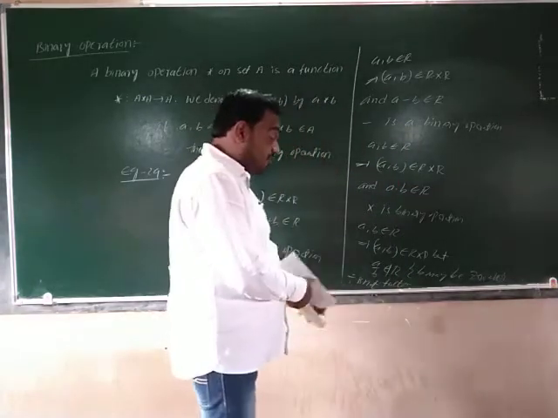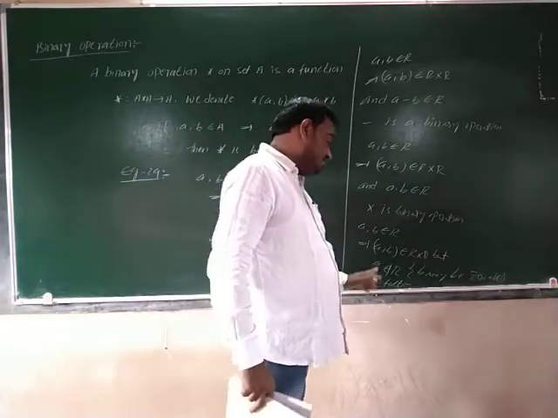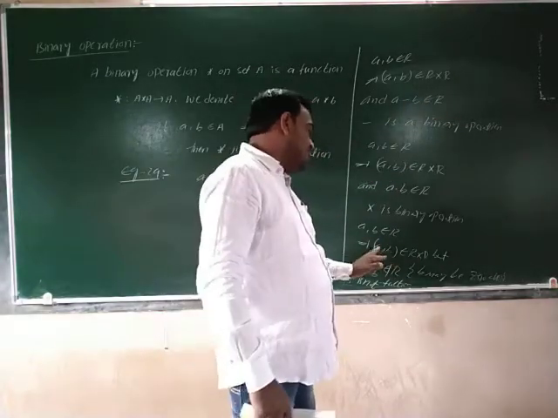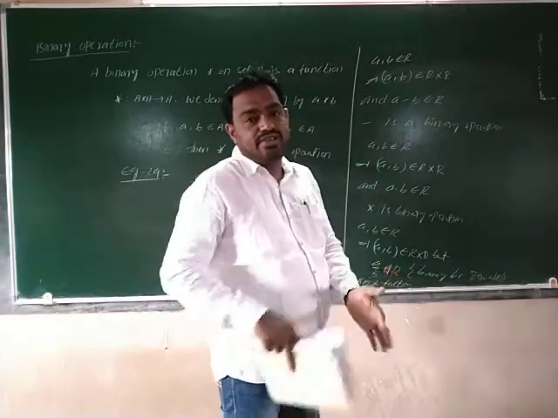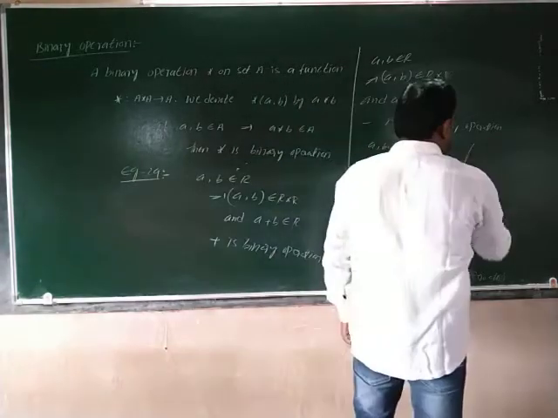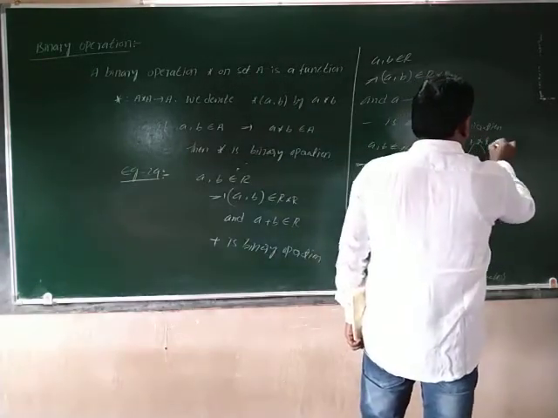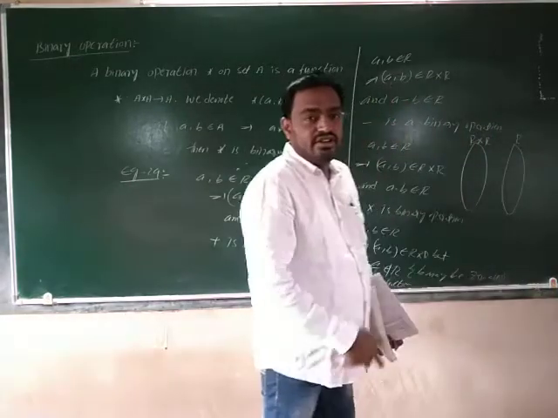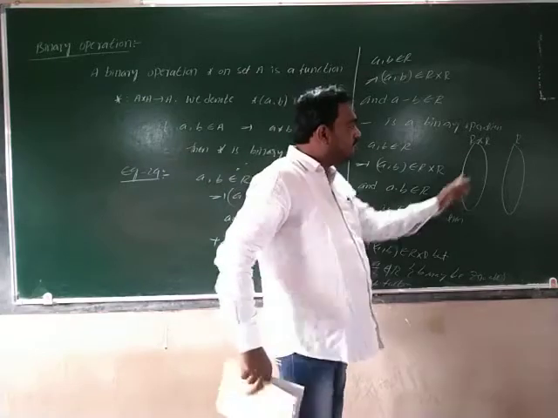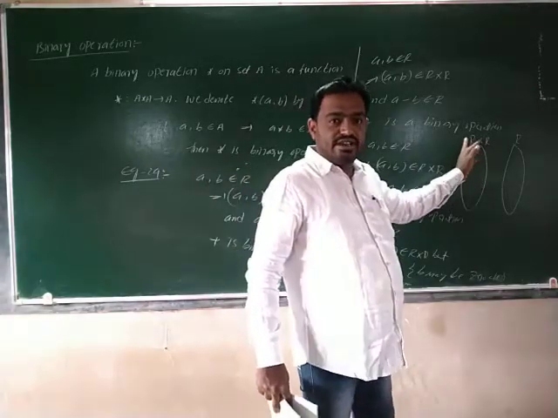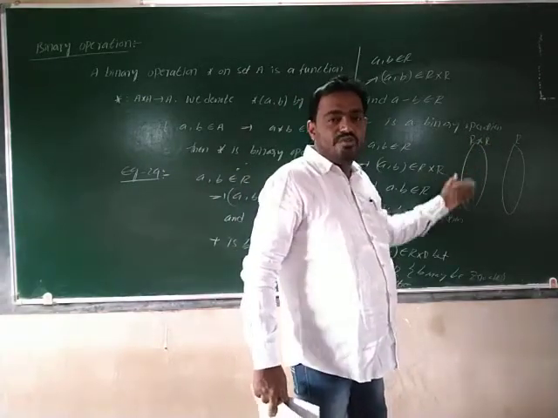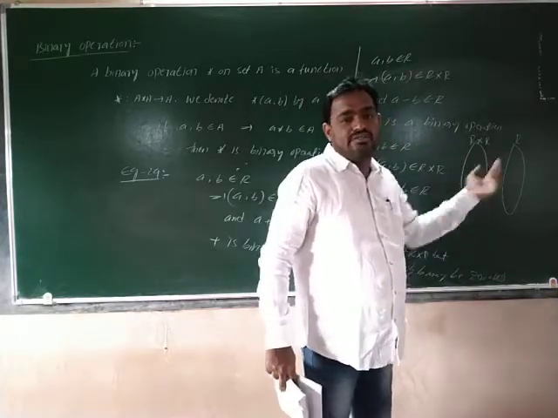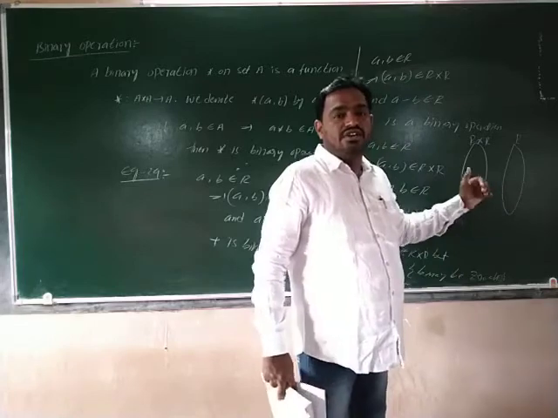Because when we say function, every element must have an image, but here A comma 0 doesn't have an image. This is the R cross R set, and this is the R set. 2 comma 0 also belongs to R cross R, but 2 by 0 doesn't have an image. So it is not a function.